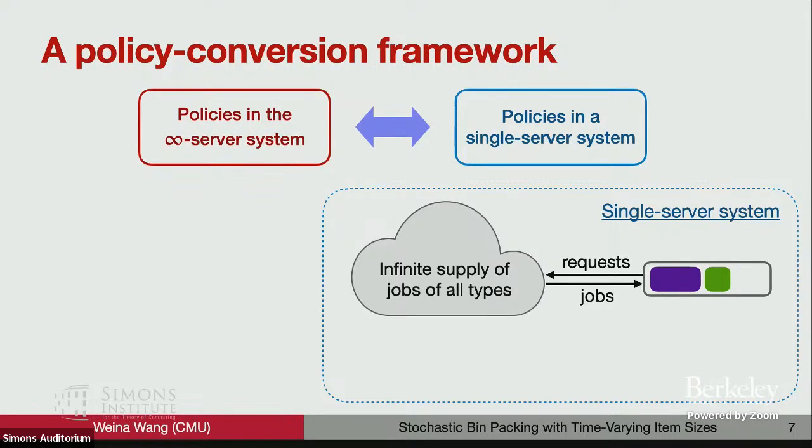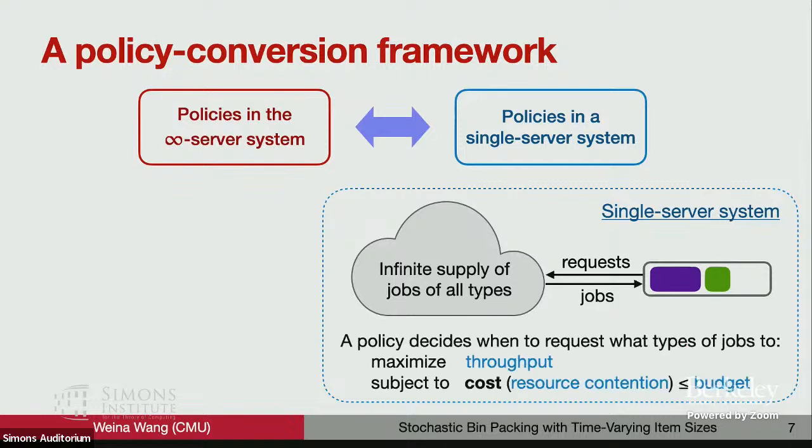It can request jobs at any time. The constraint it has is still this resource contention cost constraint, with the same budget here. While we are doing this requesting policy, the goal is to maximize the throughput of this server, basically how many jobs you can finish per unit of time.